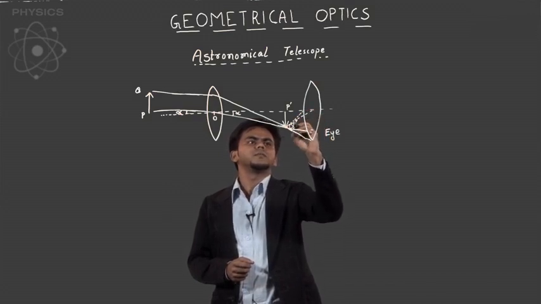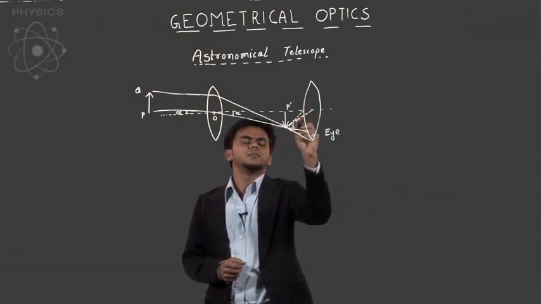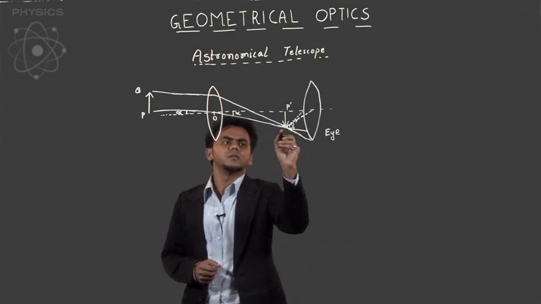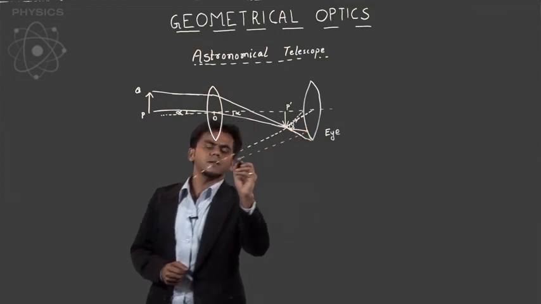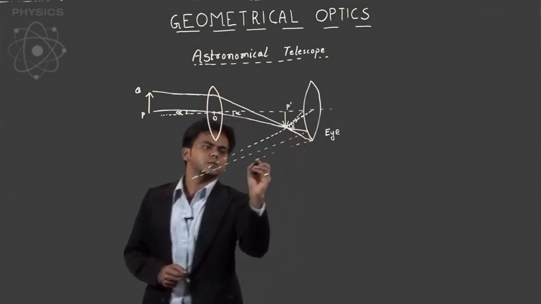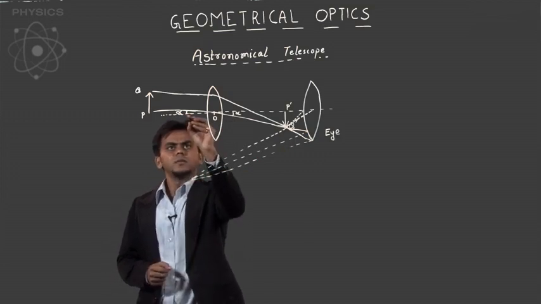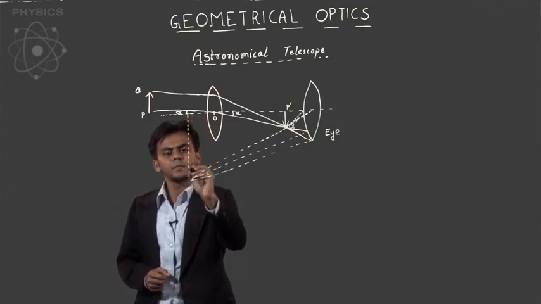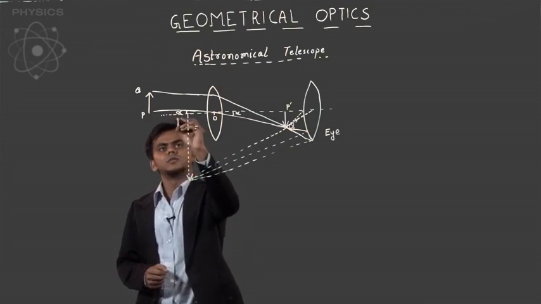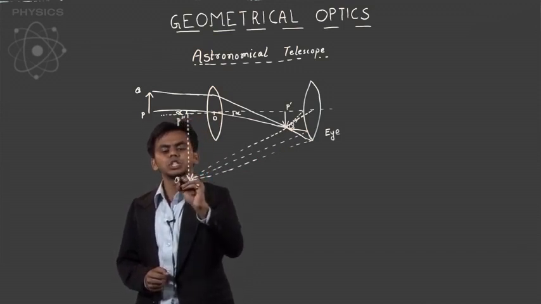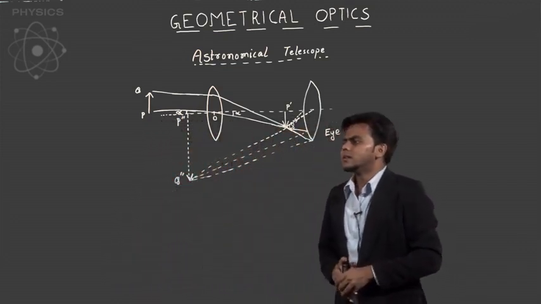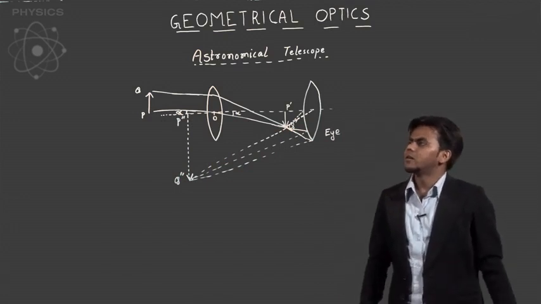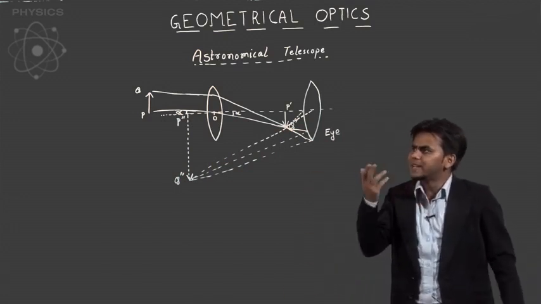Essentially these two lines are in the same line. This is your P double prime or double dash, Q double prime. Now, this is the diagram of the astronomical telescope which we're dealing with.